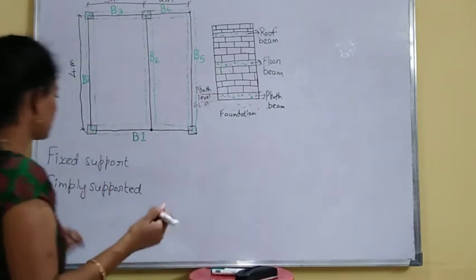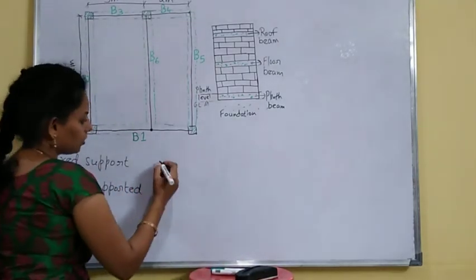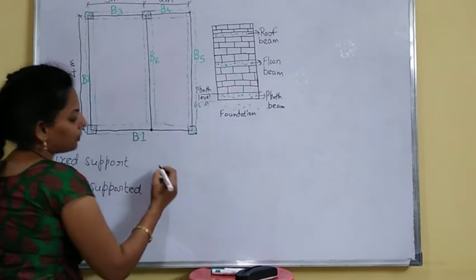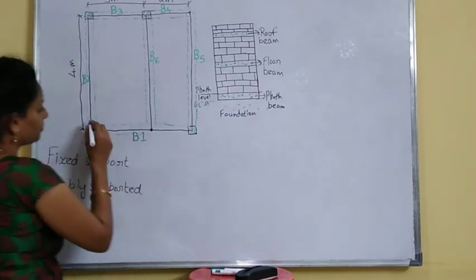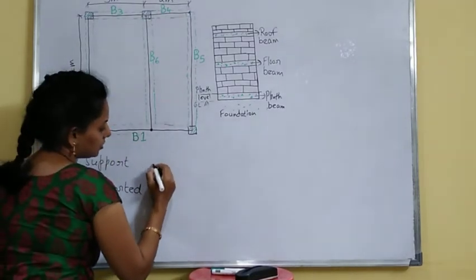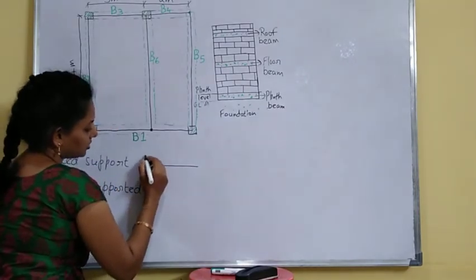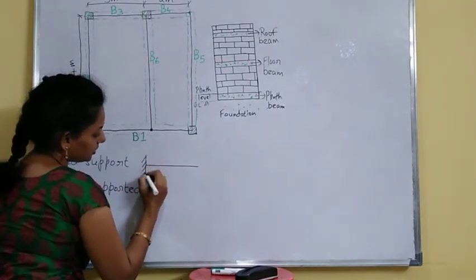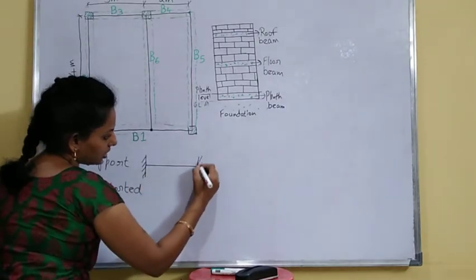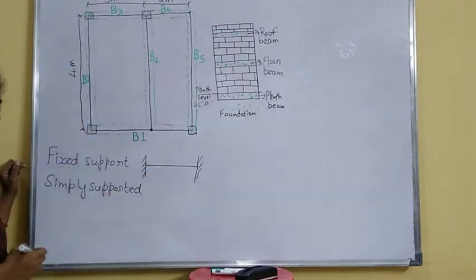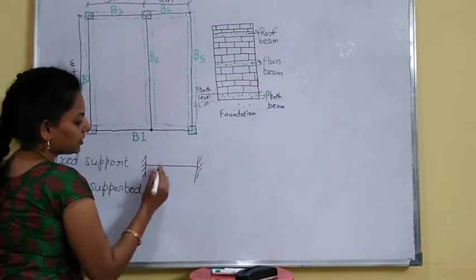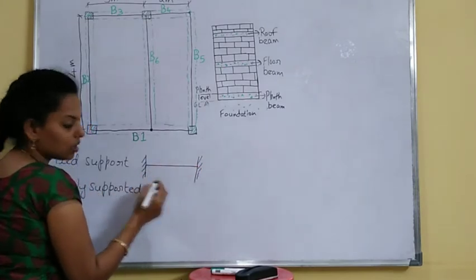For a schematic diagram, suppose the beam is supported by two columns. See here, one beam. Okay, suppose here is a column, so it is fixed at this junction. And suppose here is a column, so it will be fixed. So this is your beam. There is no rotation at this point.